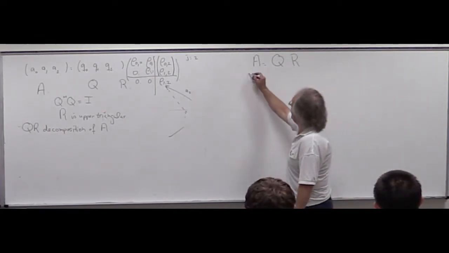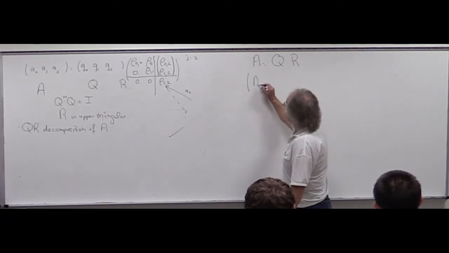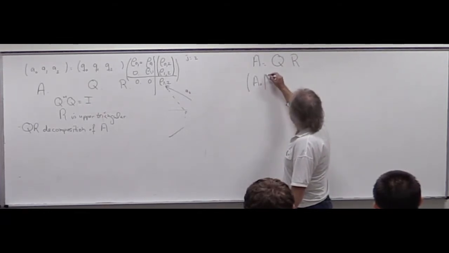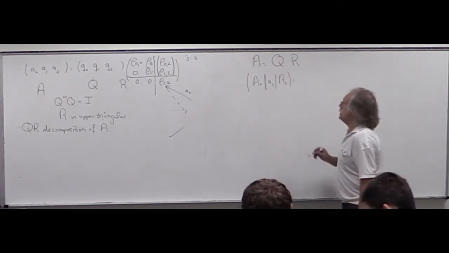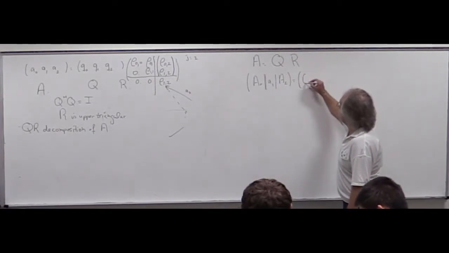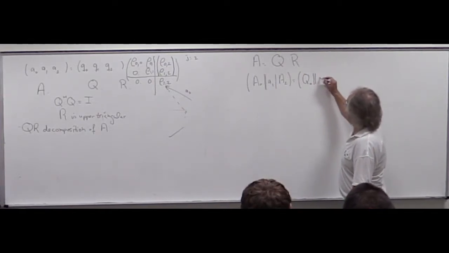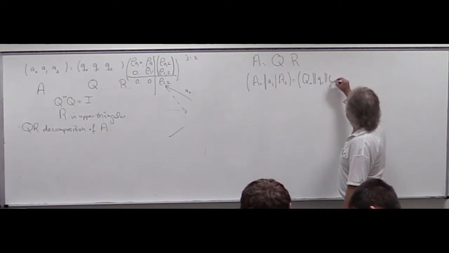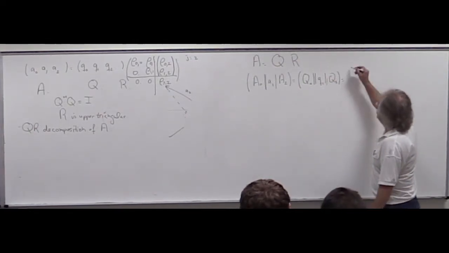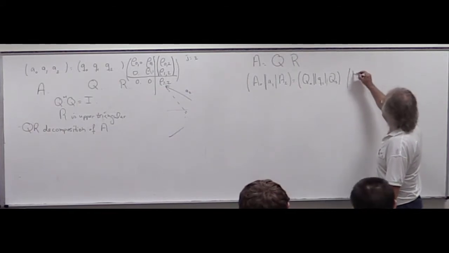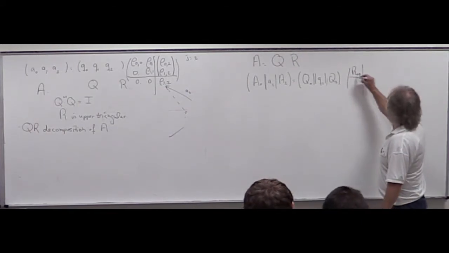So I'm going to take A, I'm going to partition it into 3 parts. And I'm going to take Q, and I'm going to partition it into 3 parts. And then I'll take R, and I'll partition it into many parts.